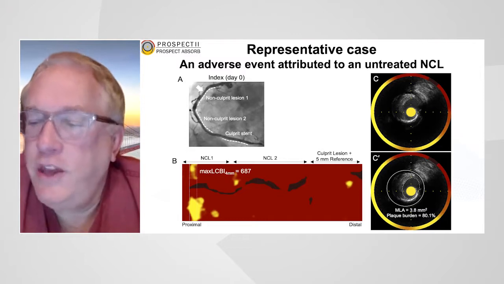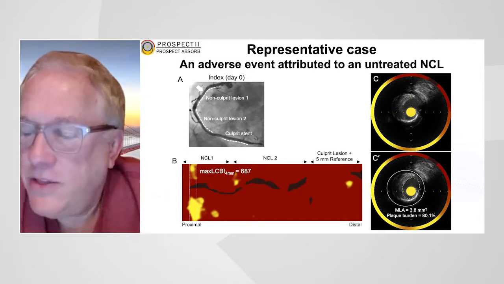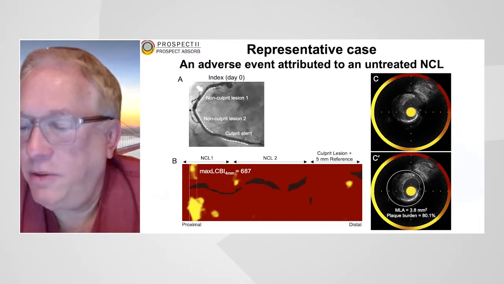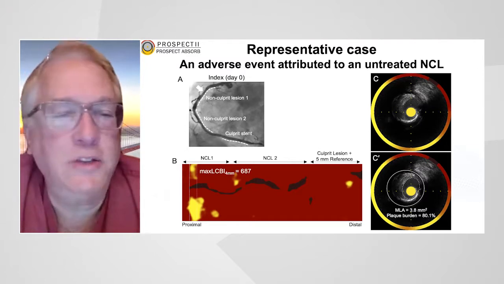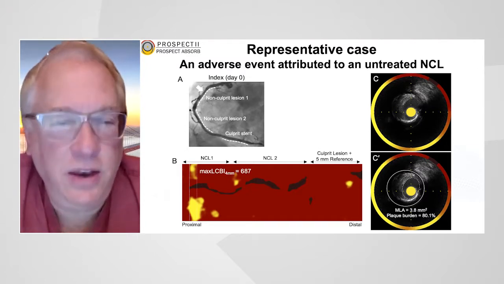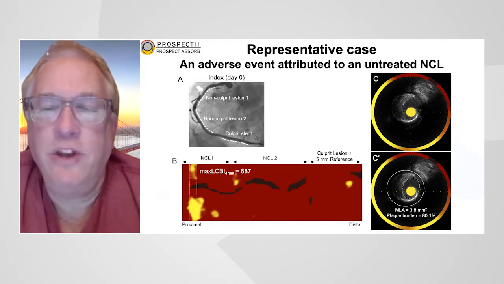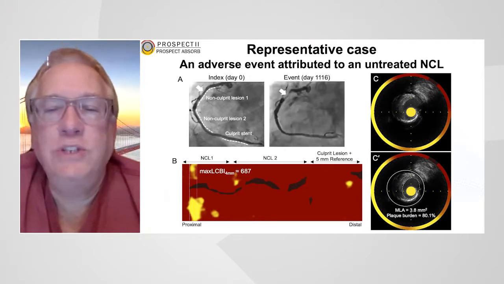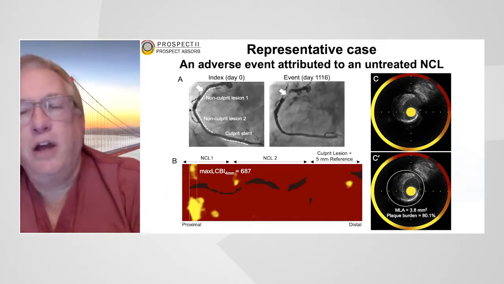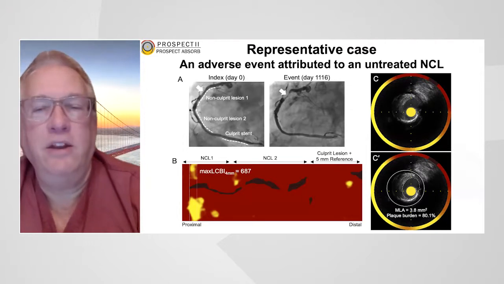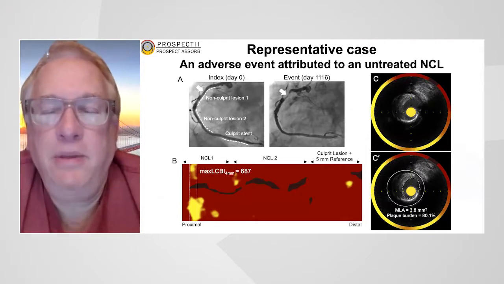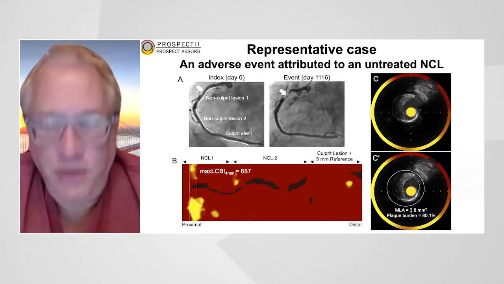When you look at the intravascular ultrasound, you find that this is a high plaque burden lesion, 80.1%, despite the fact that it looks like about a 15 or 20% angiographic stenosis. And what happened here was 3 years later, the patient developed a non-ST segment elevation myocardial infarction due to rapid progression right at the site of the high lipid burden.